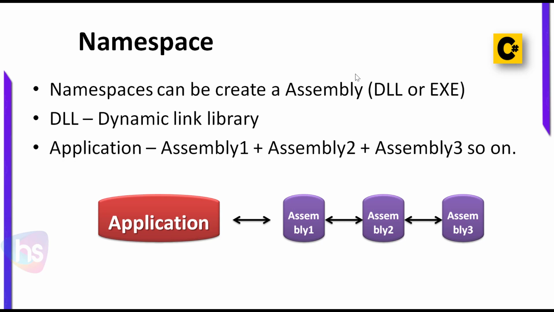Which assembly is going to have which functionality? Yes, making multiple namespaces, we make an assembly. From classes to namespaces, namespaces to assembly, assembly to application, this way the program goes from bottom to top level to reach successful application development.